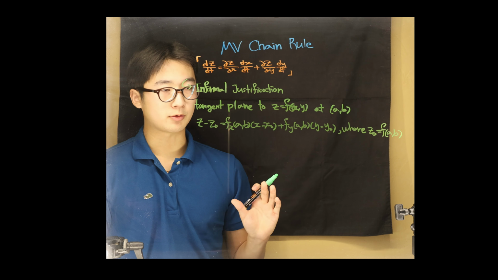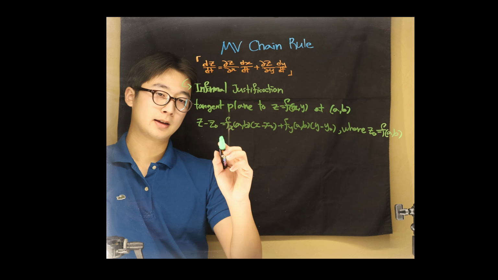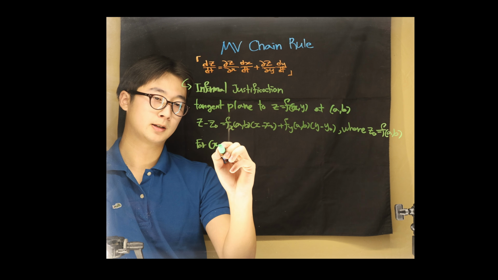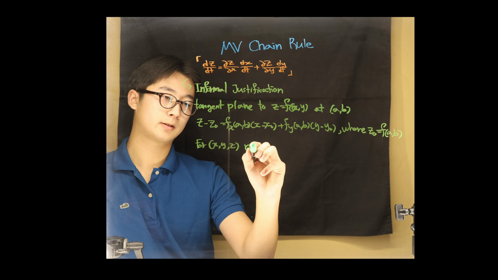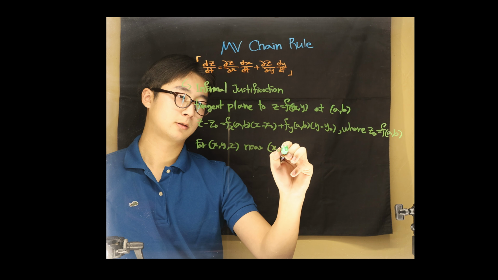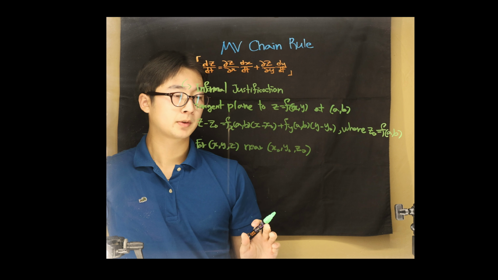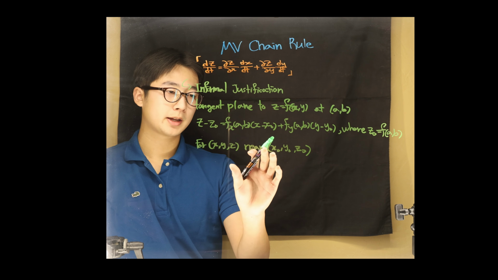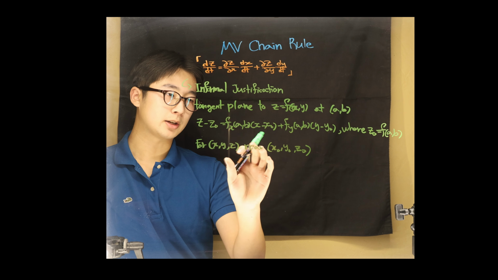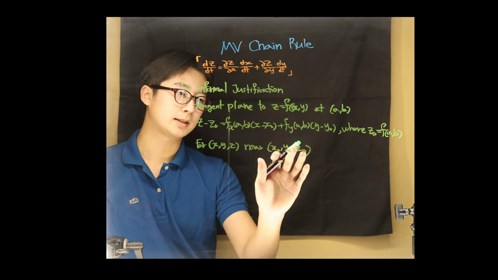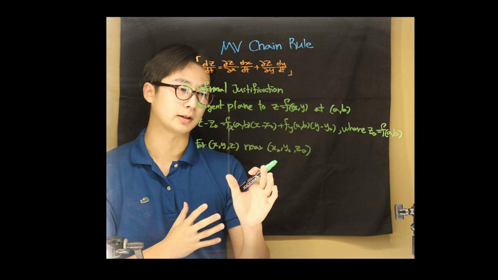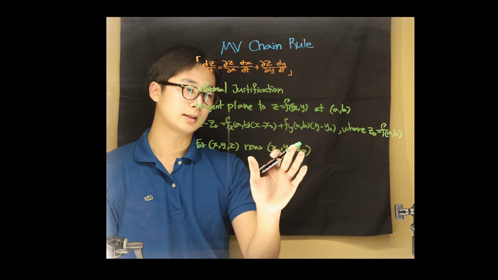So we got this equation, and let's say for the point x, y, and z near the point x naught, y naught, z naught, the difference between these points is x minus x naught, y minus y naught, z minus z naught.